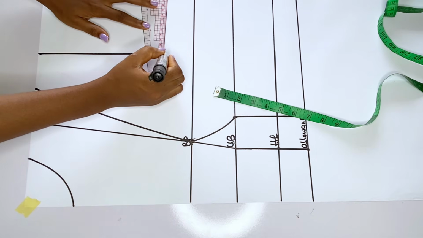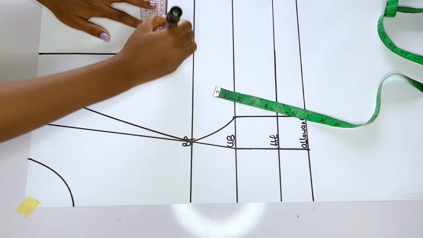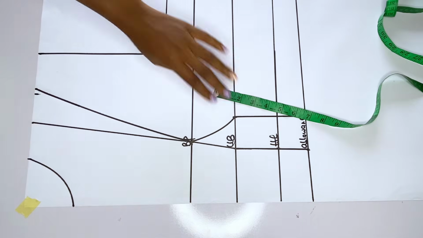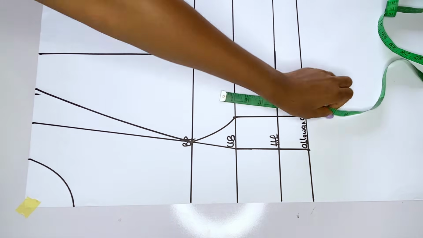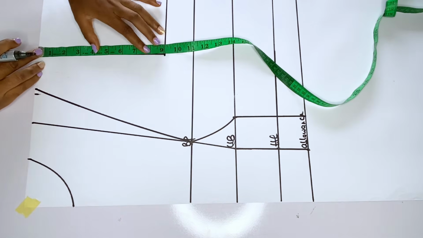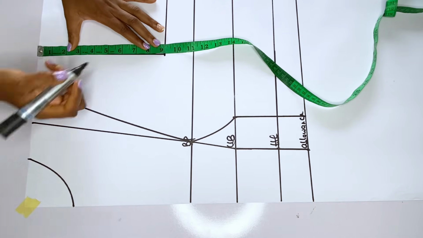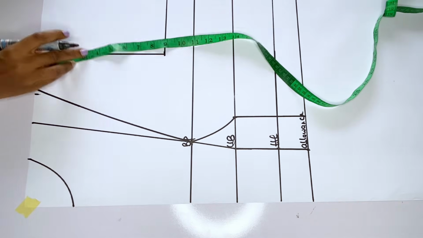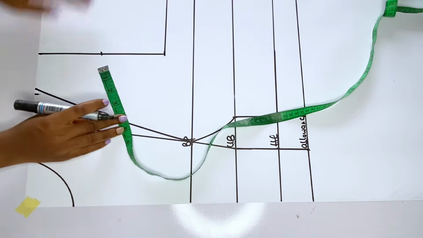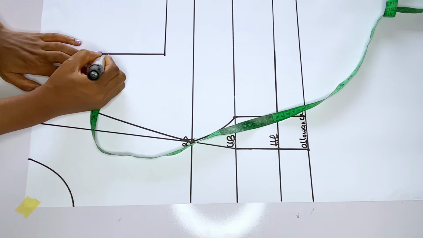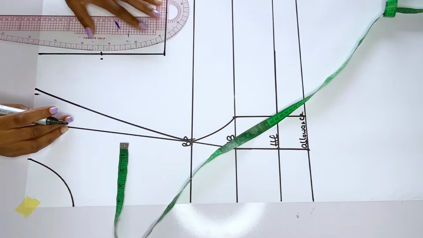After doing that, you will find the midpoint of that chest line, of the armhole line, that is 4.5. 9 divided by 2 is 4.5. Then from that 4.5, you will come in by half an inch. This is for the front armhole.